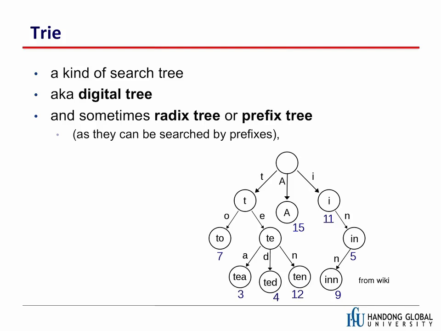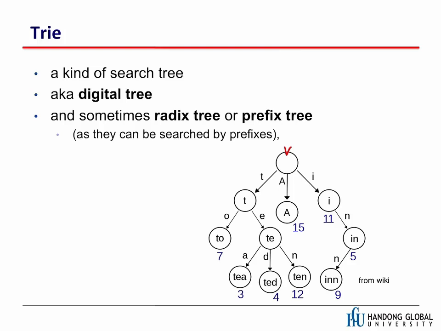So look at this table. From the root node, we follow the characters. We insert all the words into this tree. Then to find a target word, we follow the edges with the characters.